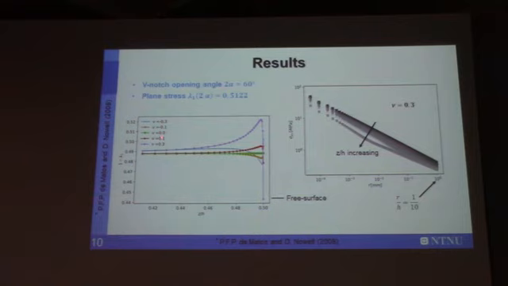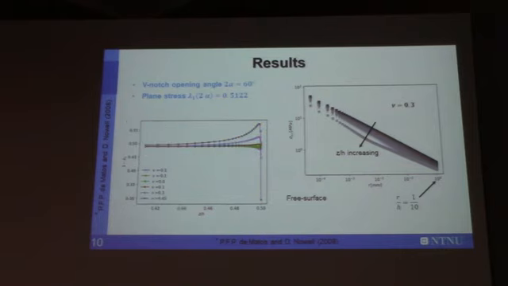For Poisson's ratio equal to 0, we have a constant stress singularity along the crack front, degree 1, and for positive Poisson's ratio, for example 0.1, we have a behavior like this: a maximum near the free surface and then a minimum on the free surface, while for negative Poisson's ratio it is the opposite.